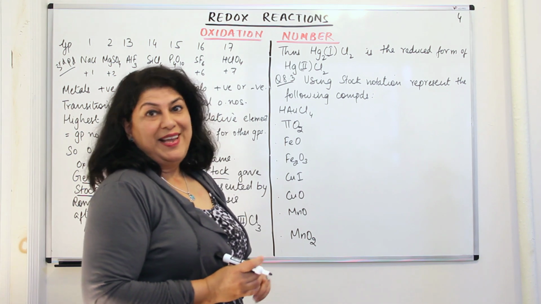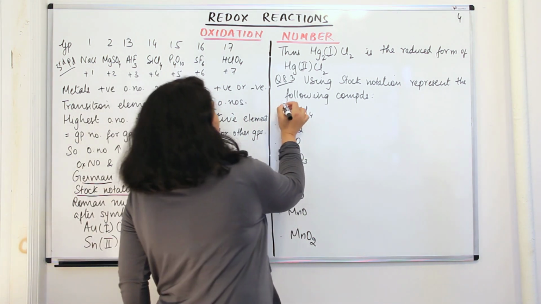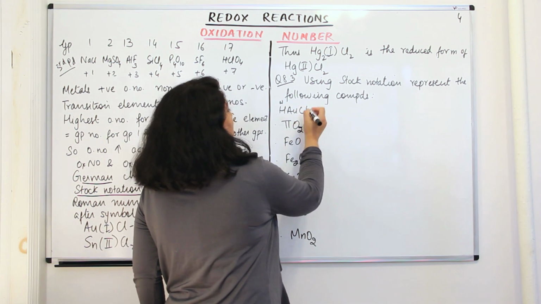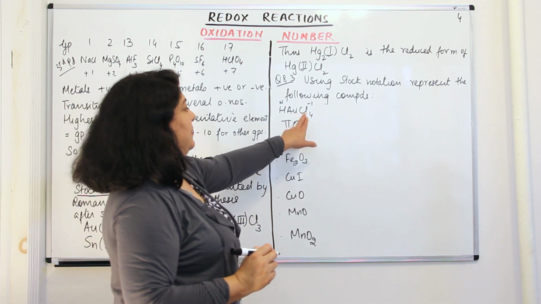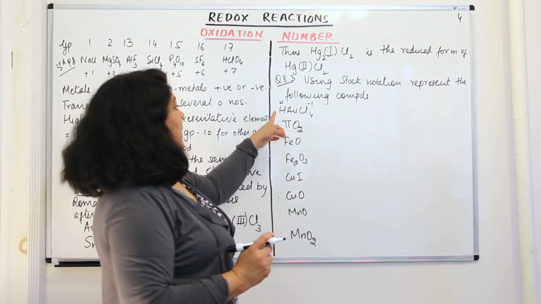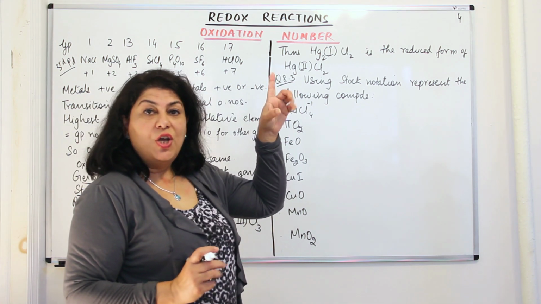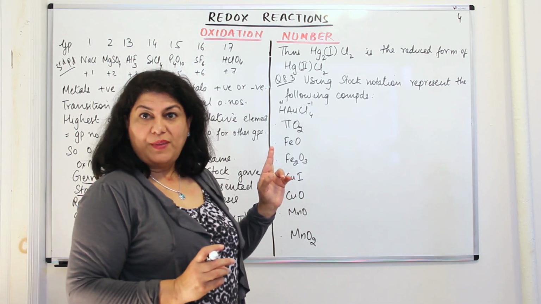HAuCl4. Remember, according to the rules, H always has a charge of +1 and chlorine always has a charge of -1. So how many chlorines are there? There are 4 chlorines, and therefore there are 4 negative charges, and hydrogen has 1 positive charge. So there is 1 positive charge and 4 negative charges, right?